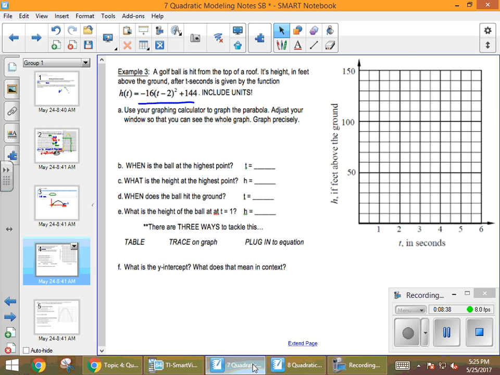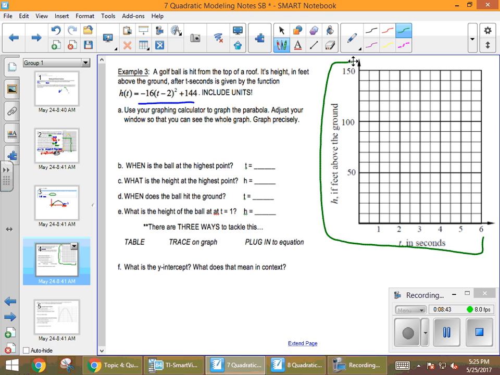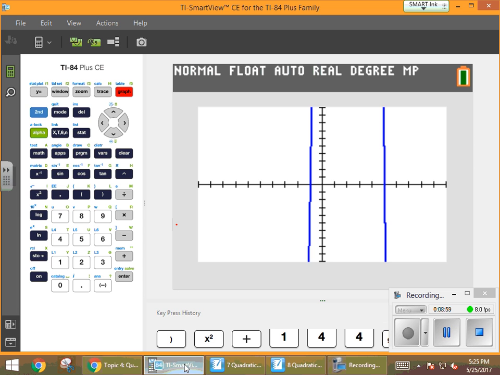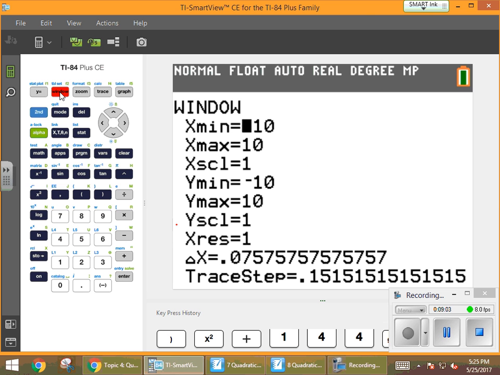We're going to adjust our window based on what the scale is on our axis over here. So my y-axis is going to go from 0 to 150, and it looks like we go by tens. And my x-axis is going to go to 10, going by ones. So the way I adjust my window is I hit the window button.